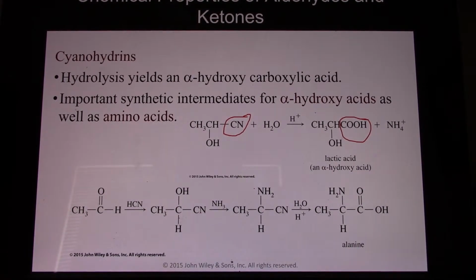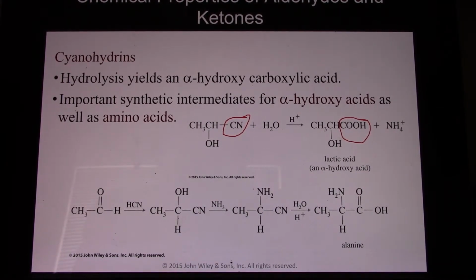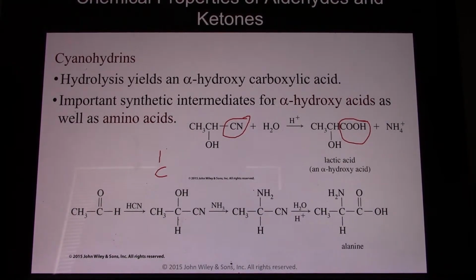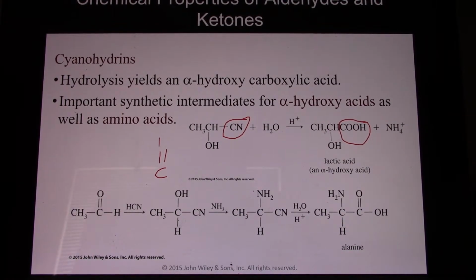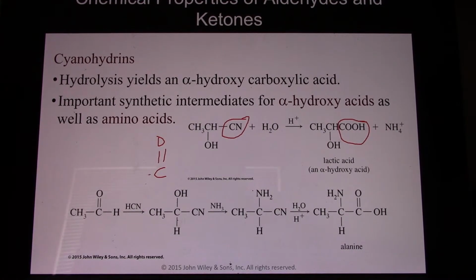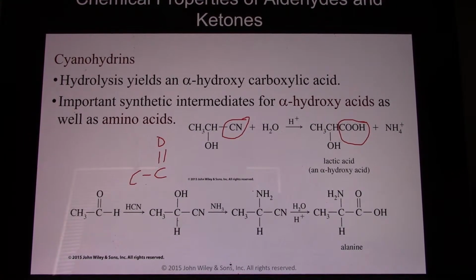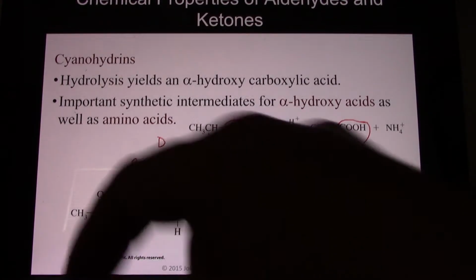We use the word alpha. When you have a carboxylic acid, or even with a ketone, the carbon next to the carbon with the double bond is your alpha carbon. So that's an alpha carbon. That's a bad alpha.